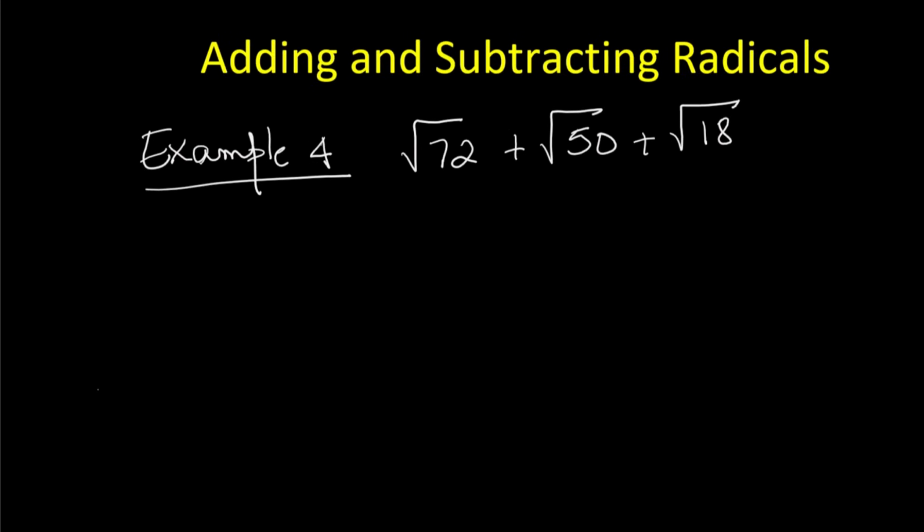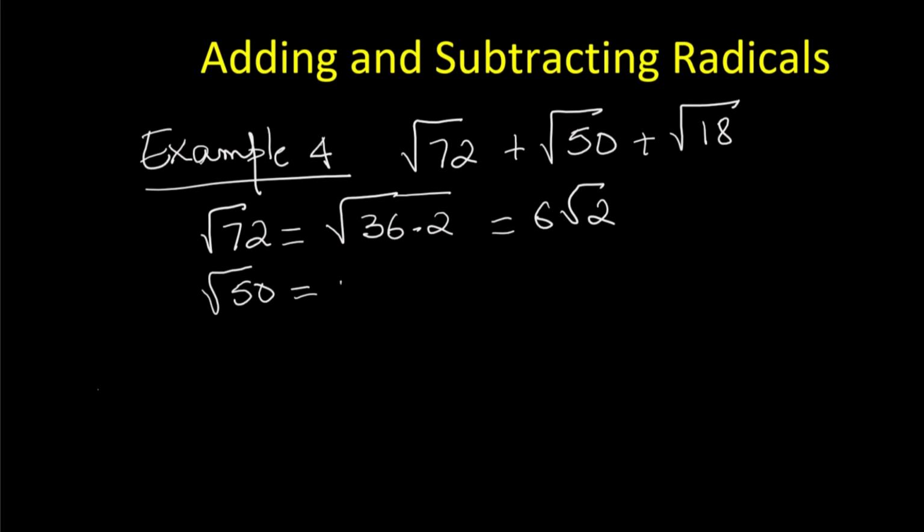Example 4, the square root of 72 plus the square root of 50 plus the square root of 18. Simplify each radical. The square root of 72 is the square root of 36 times 2, which becomes 6 times the square root of 2.